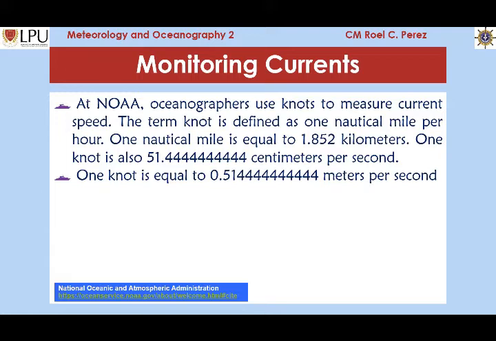So that is our conversion, being a mariner. We will not use what is being used by the National Oceanic and Atmospheric Administration, because they only use 1.85. Although they also use the same 51.444 centimeters per second, but only a few decimal places.